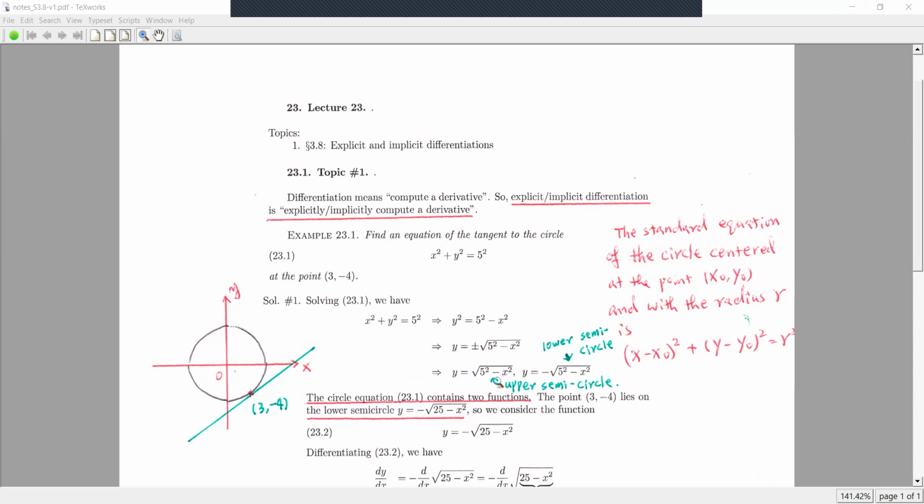The graph of this function is the upper semicircle, and the graph of this function is the lower semicircle. Because this point is on the lower semicircle, to find the slope of this tangent line, we take the derivative of this function.